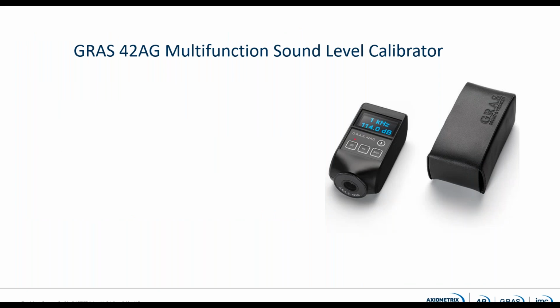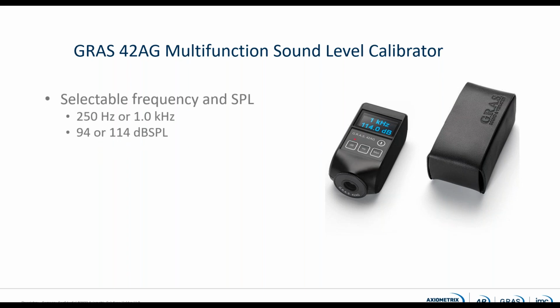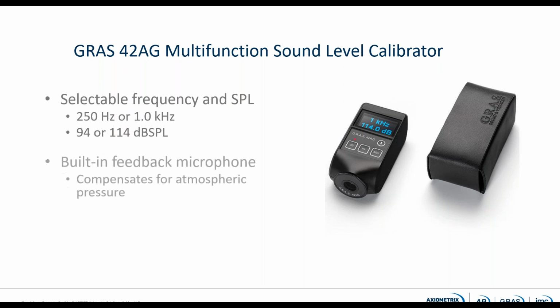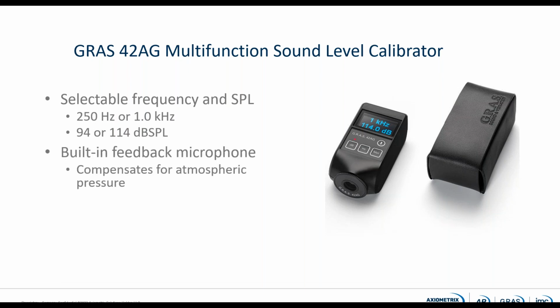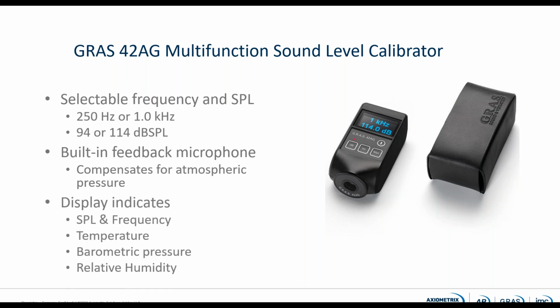So looking at a sound level calibrator, here we've got the GRAS 42AG, has selectable frequency and SPL levels, has a built-in feedback microphone to compensate for atmospheric pressure, and can display the SPL level and frequency, temperature, barometric pressure, and relative humidity.